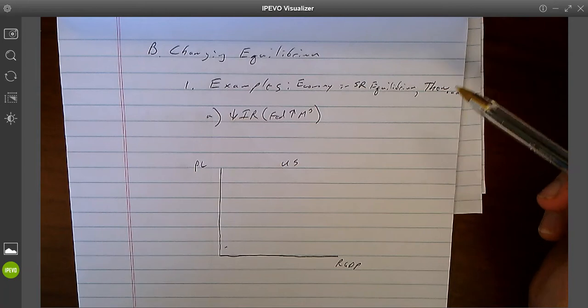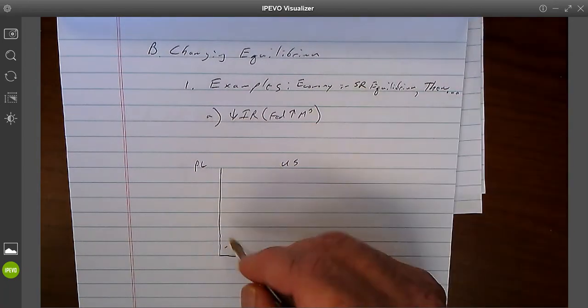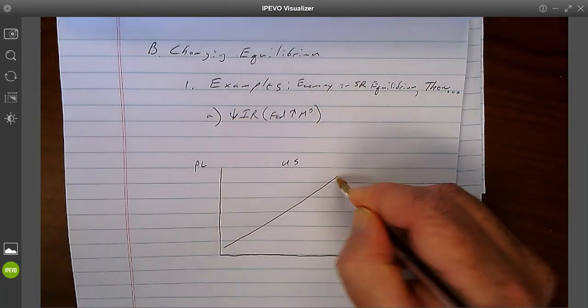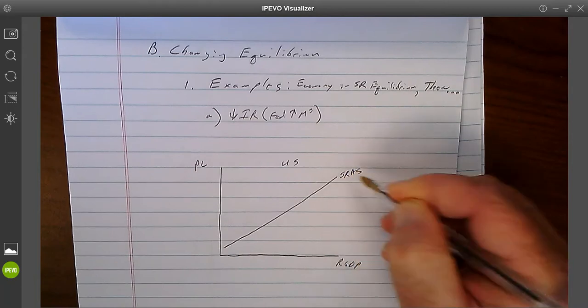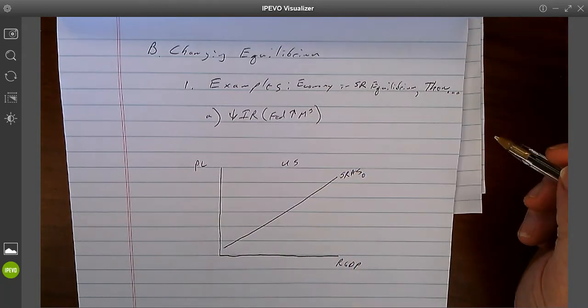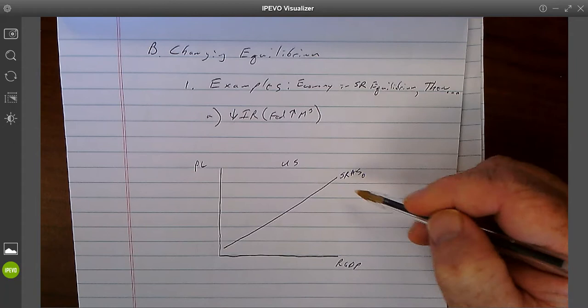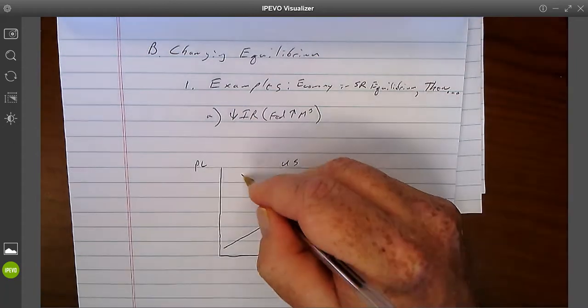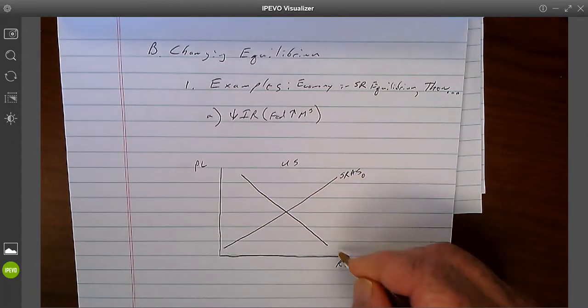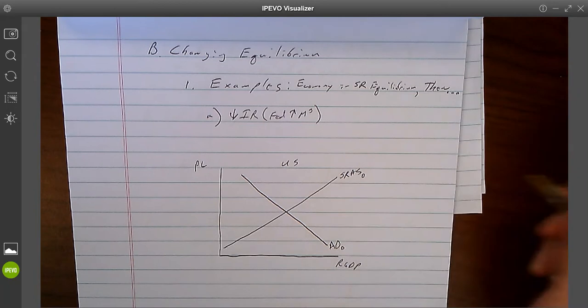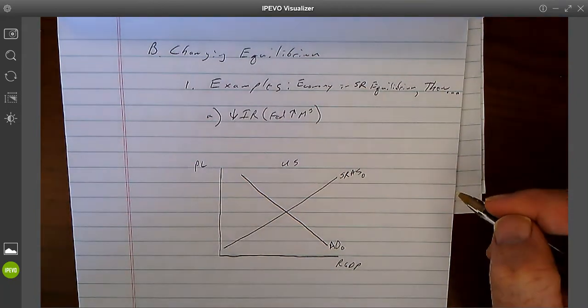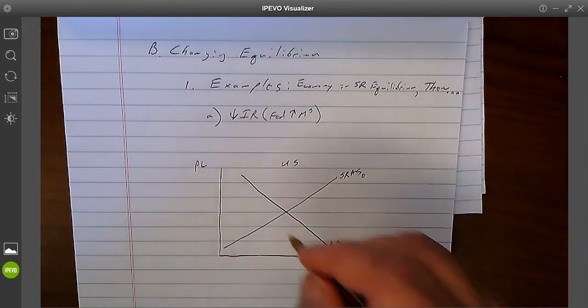All right, so let's say the economy is in short-run equilibrium. Well, let me get the economy in short-run equilibrium then. Here's my short-run aggregate supply curve. I'm going to label that SRAS 0. I know that's the first SRAS curve that I drew, okay? And I got my aggregate demand curve. We'll label that AD 0, okay? It's the first aggregate demand curve I drew.